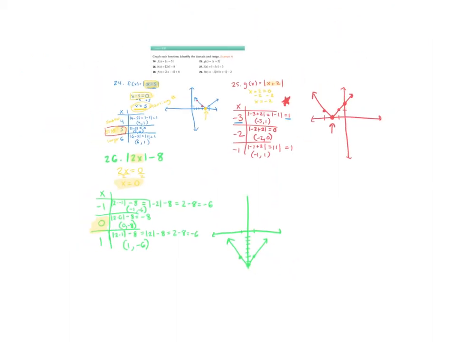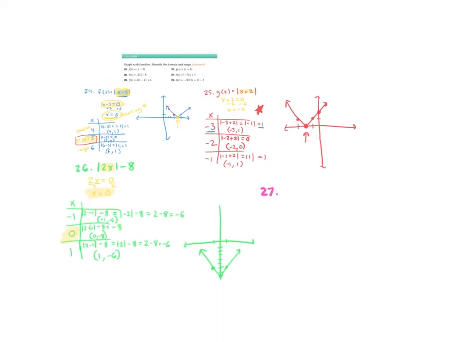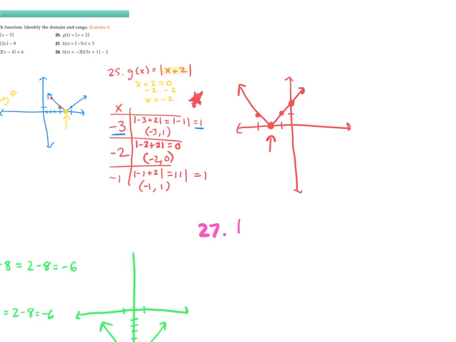All right, let's look at 27. So 27 is the absolute value of negative 3x plus 3. What do we do first here?